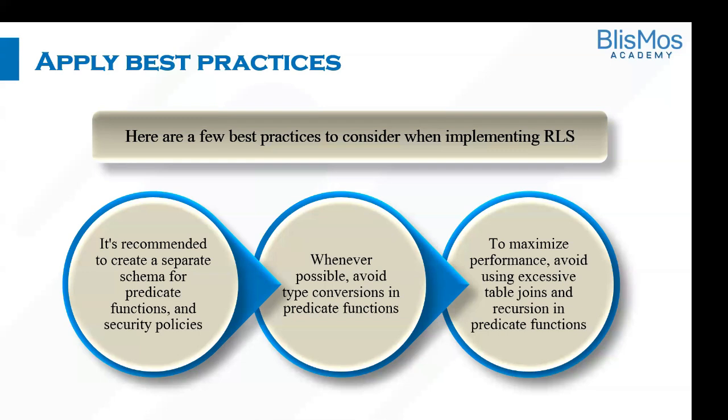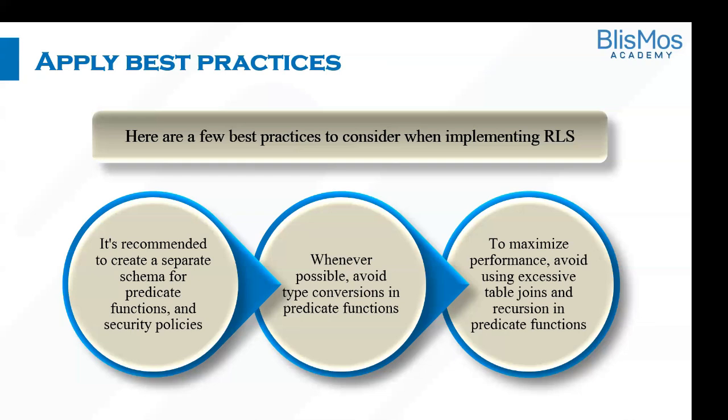Now some of the best practices. Parveen, what are the best practices according to you? The first point: separate schema for predicate functions. Usually we create the schema for the tables, right?